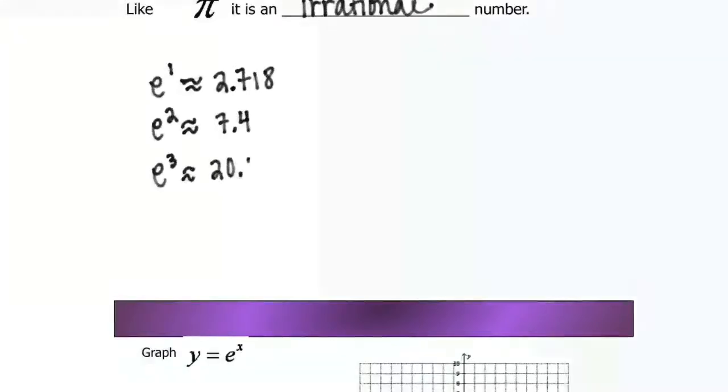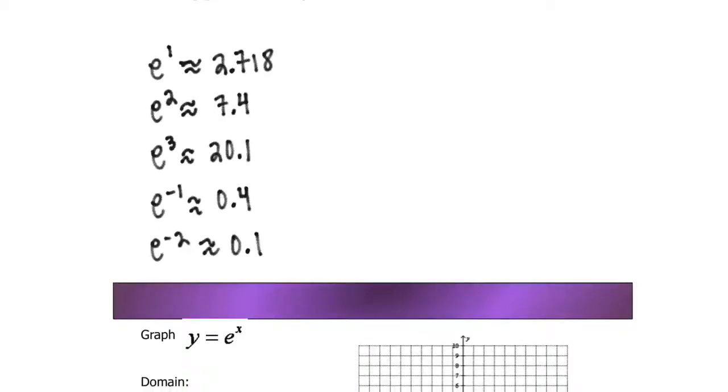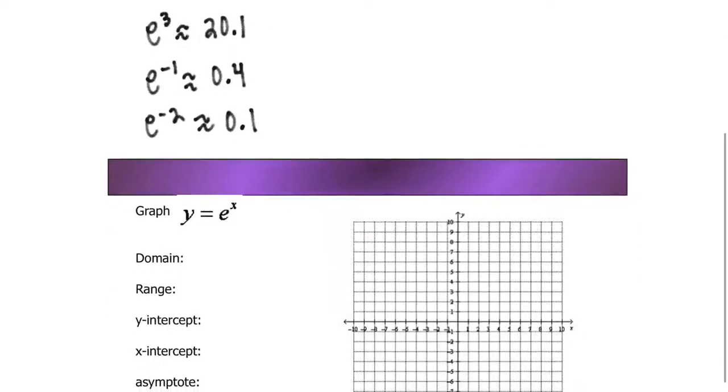E cubed is approximately 20.1. I think we put an e to the -1 next. E to the -1 was approximately 0.4, and e to the -2 was approximately 0.1. And you can see as my negative numbers get bigger, this decimal will get smaller, smaller, and smaller.